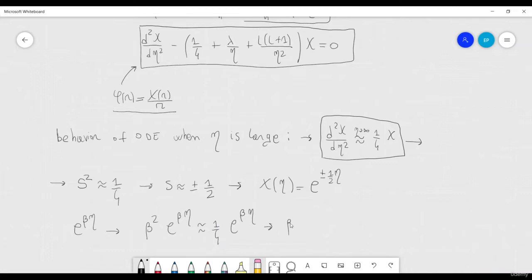And from here you get that beta squared should be approximately equal to 1 over 4. So it is exactly coincident with the equation that we have there, where instead of beta we have s. So I could have called it s as well instead of beta. So this is what I could have done.